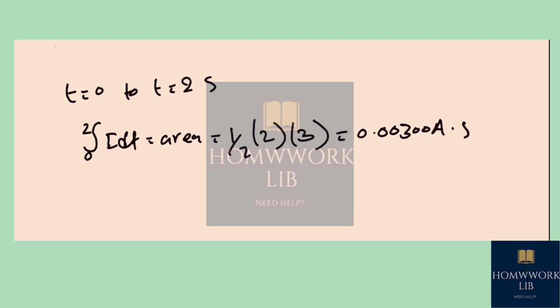Then we substitute this value in the equation that we wrote before and find dB from 0 to 2 will be 0.00300 times R divided by AN.